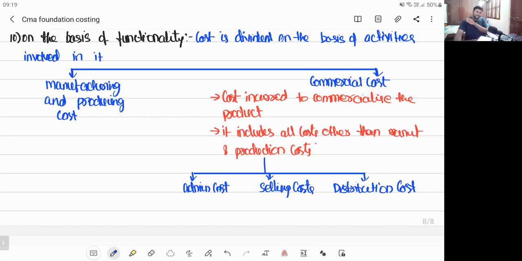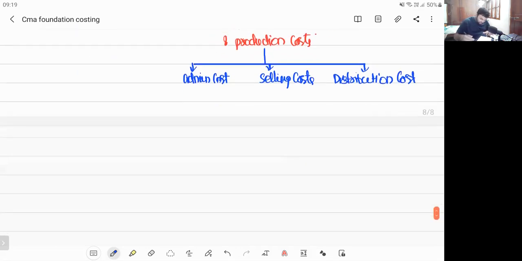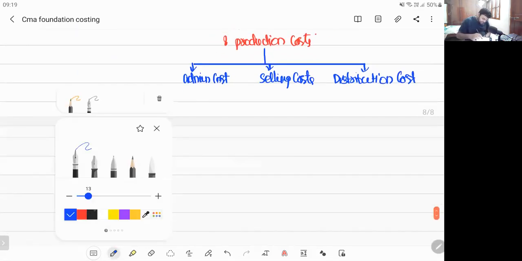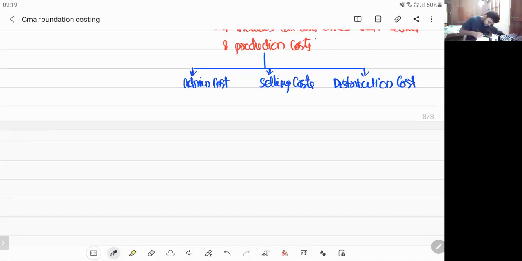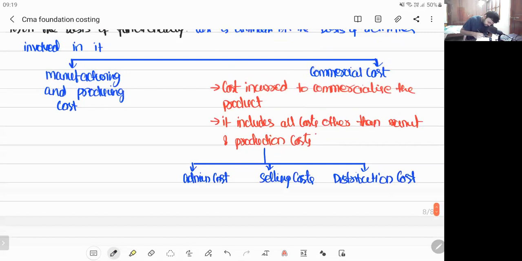Now, at the last, the 11th classification of cost, which he gave as managerial decision classification. I don't understand how this person has divided the cost on the basis of managerial decision. So, instead of telling it as managerial decision costs, I can say it as other classifications.